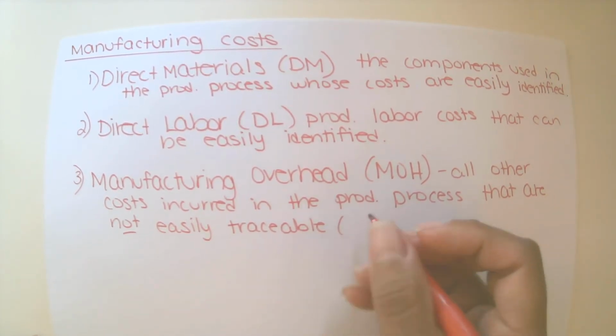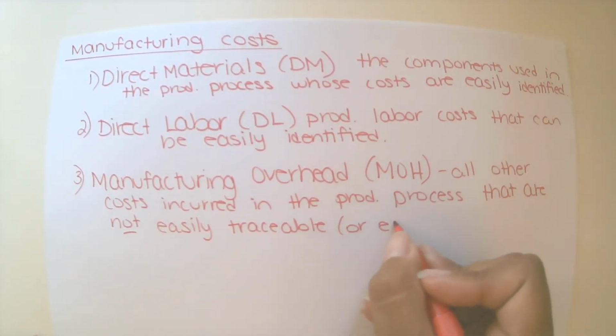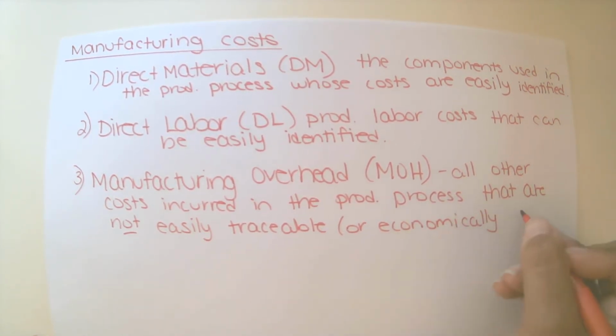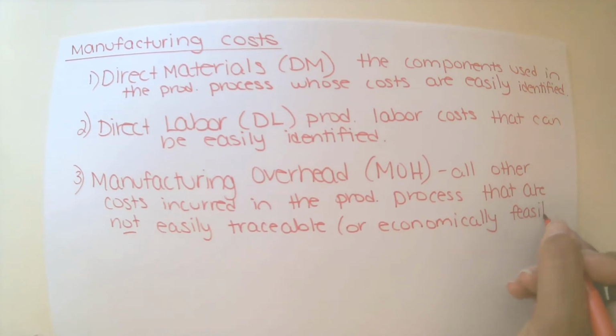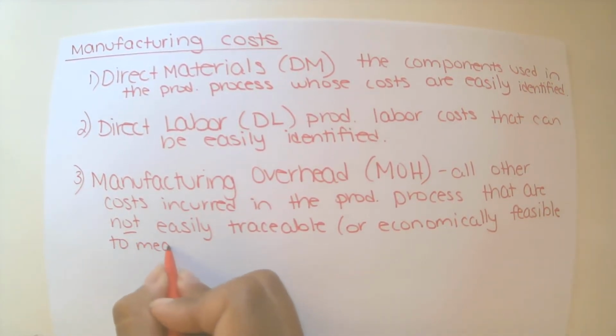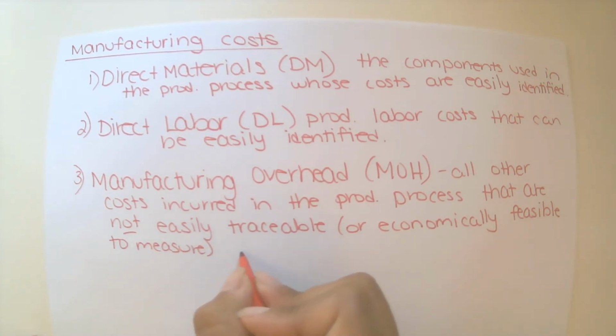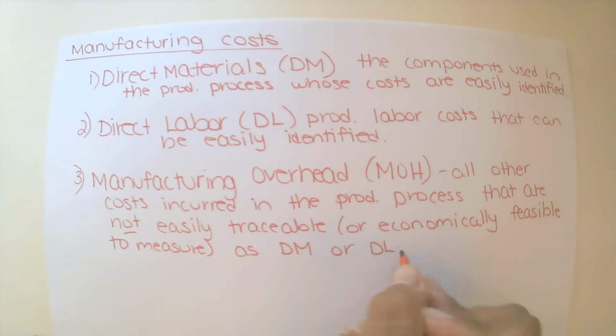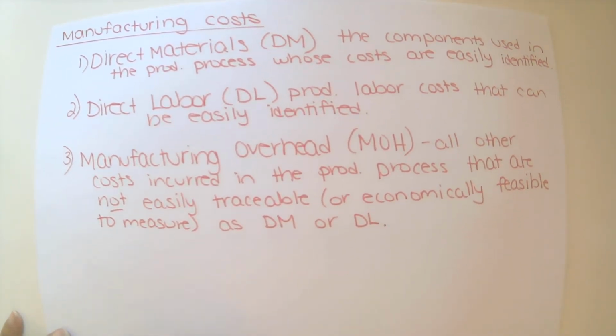I'm going to add a little extra thing here: or economically feasible to do so. Feasible to measure as either DM or DL. And then there are some additional categories within manufacturing overhead. There's actually three.